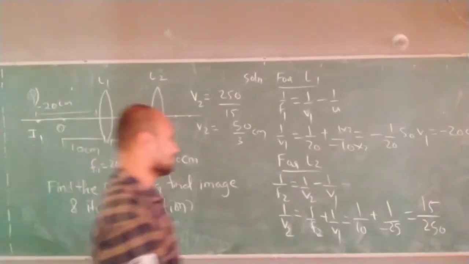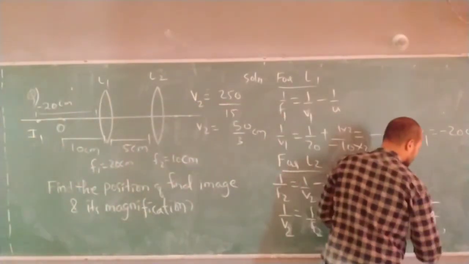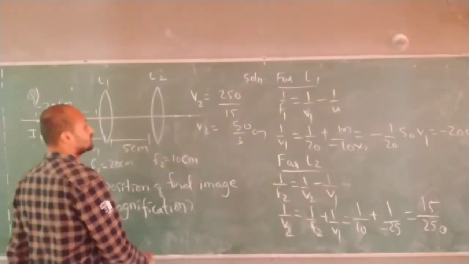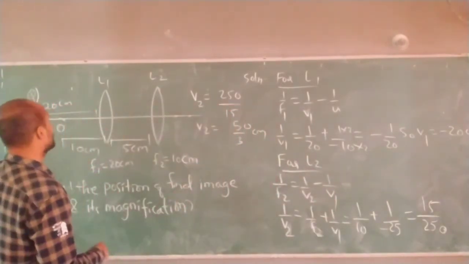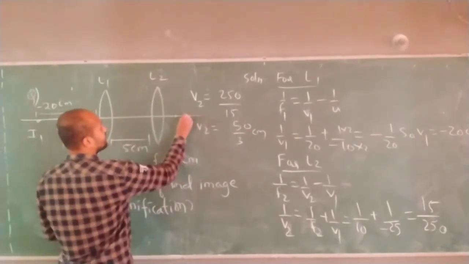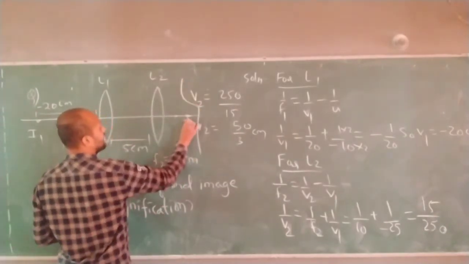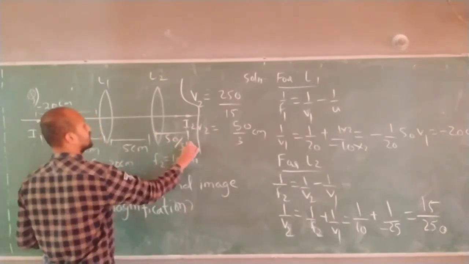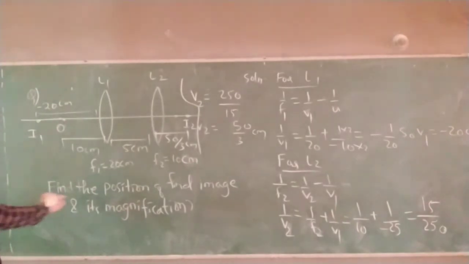So 50 by 3 means the final image is towards the right side, somewhere here, I2 formed from this lens. How much? 50 by 3 centimeter. This is the final position of the image.